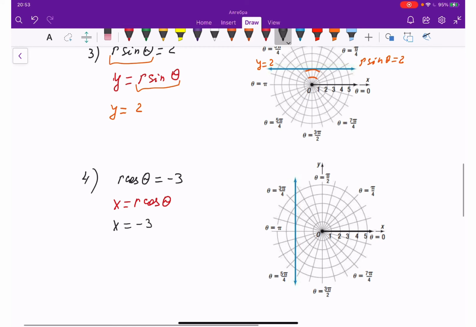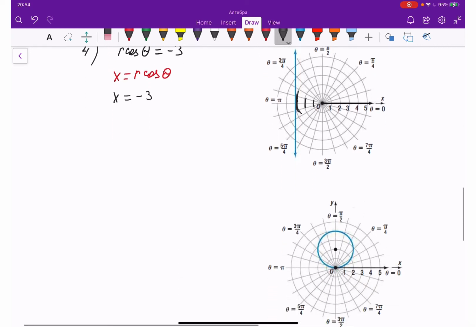Therefore, the graph of r cosine theta equals negative 3 is a vertical line 3 units to the left of the pole, which is here: 1, 2, and the third one. It looks like a tangent line; maybe on the picture it's touching, but it should be only 1 point.